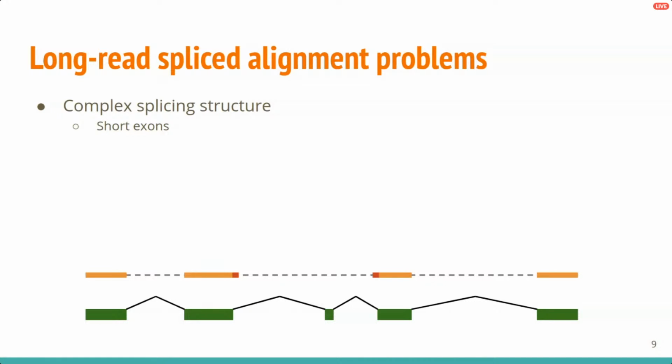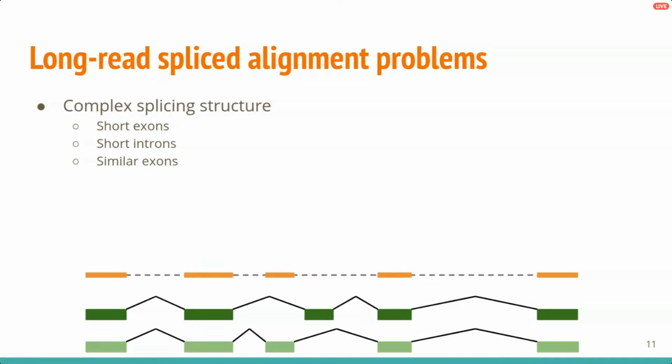The exon is so short that, for example, if you use minimizers or just k-mer matching as a base for your aligner, there are not enough nucleotides in this short exon to be matched exactly, and you just skip it. Of course, you may also have short introns, which you may confuse with an insertion or deletion.